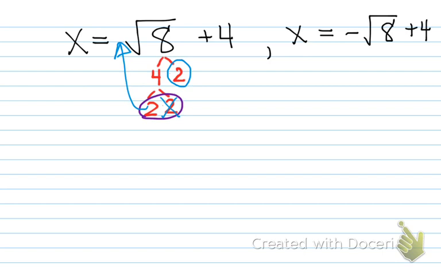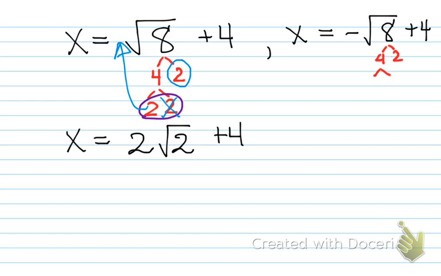So our final answer for the first solution is 2 comes out of the house and then this 2 stays in the house. And then bring down the plus 4. And the other one will be worked exactly the same way. 8 is 4 times 2. We're looking for a pair. 4 is 2 times 2.